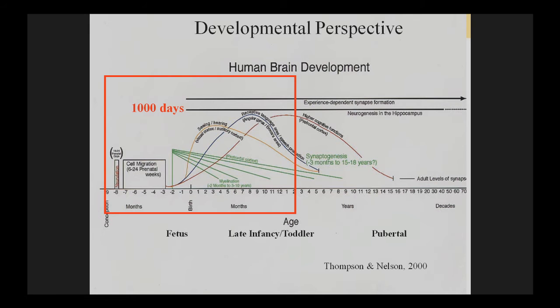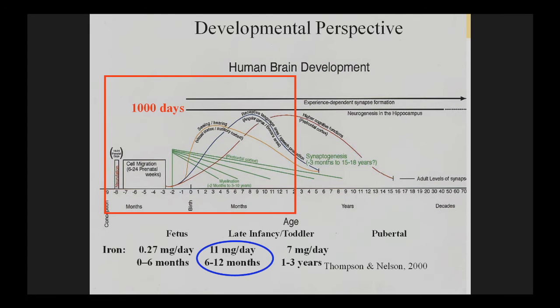Now, if we overlay nutrition onto this, this is an example of the need for iron. And so you'll see that the period of time from 6 to 12 months is a time of very high iron need. And so this is a time when infants are at risk for iron deficiency.